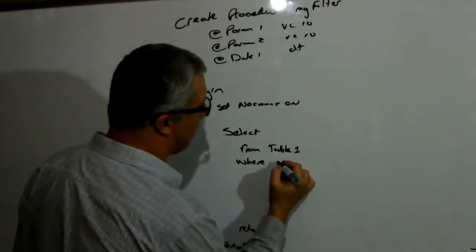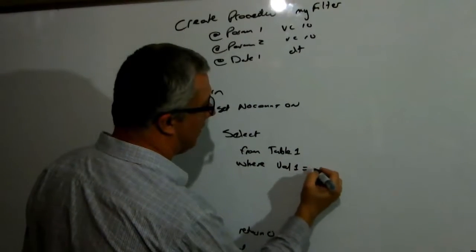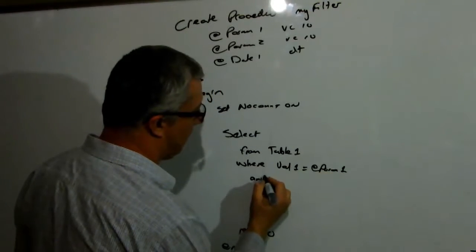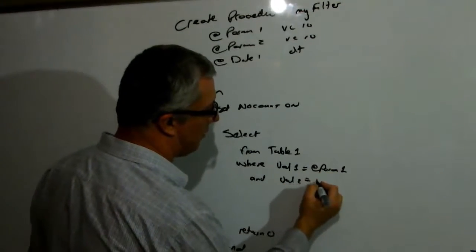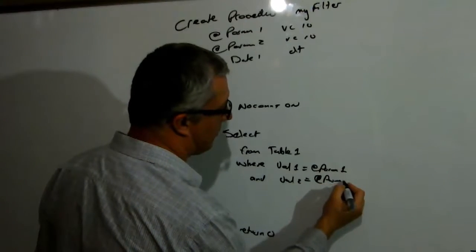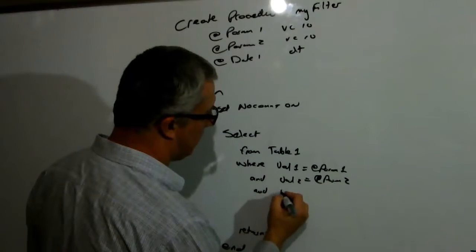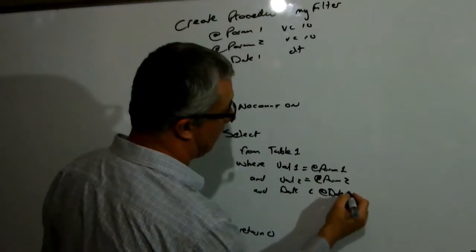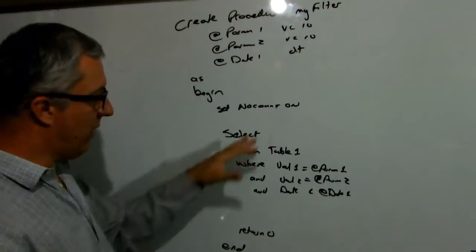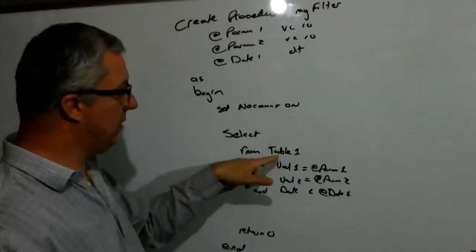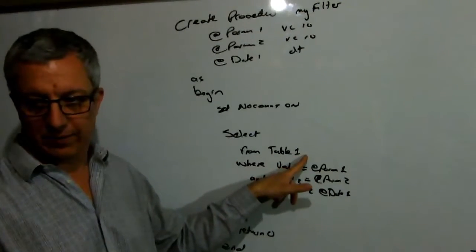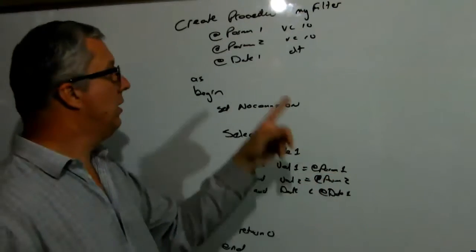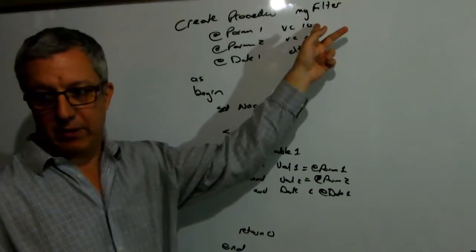So I can say where value 1 equals @parameter 1 and value 2 equals @parameter 2 and date less than @date 1. What I've basically said here is the field val1 in table 1 must be completely equal to the value that I've received in parameter 1.